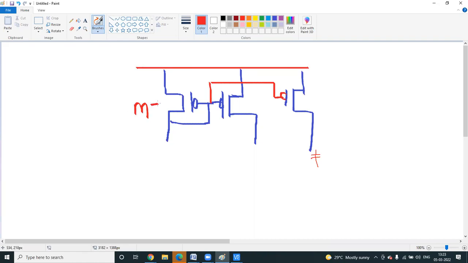So M equals, that is a concept, multiplier and finger. So this is 1 ampere. So what is this current?